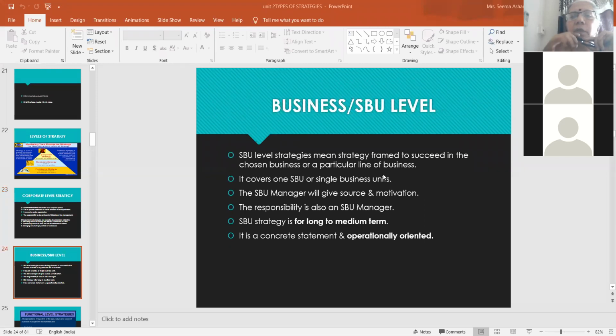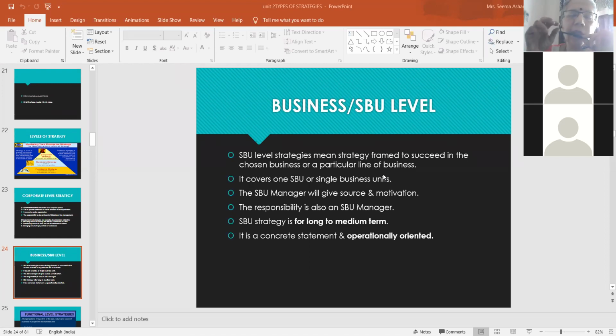Second level strategy is business level strategy or SBU level strategy. In the last video, we had seen what is an SBU. SBU is a strategic business unit. That means every conglomerate business, बहुत बड़ा business है, उसके अंदर बहुत सारे different product lines होते हैं. तो हर एक जो product line is looked after by that strategic business unit.